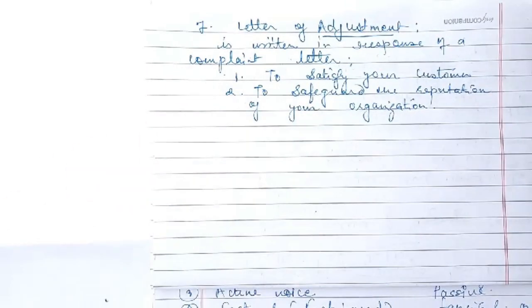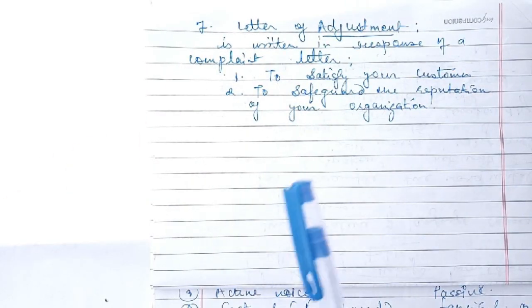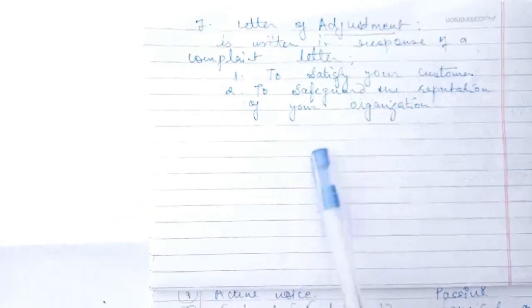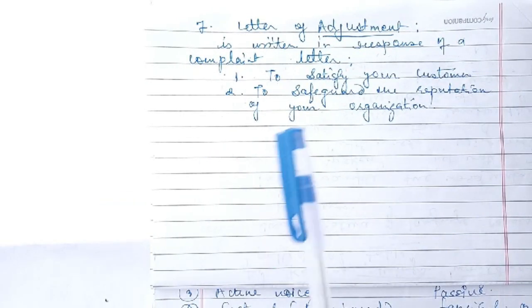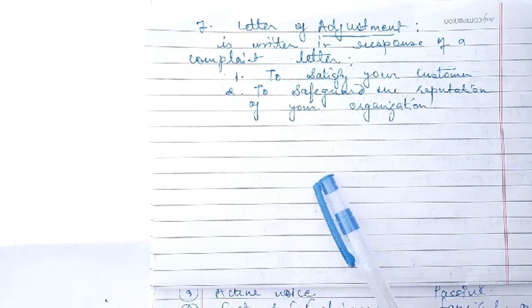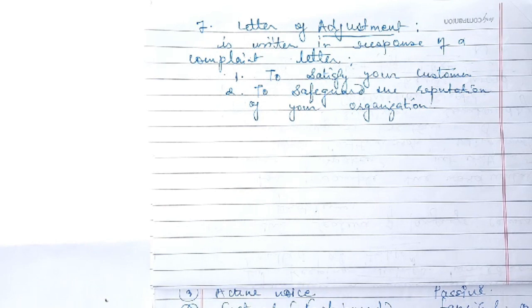So see here, when you will write down a letter of adjustment to the person who has complained for something, okay, so what is your duty here? You have to satisfy your customer anyhow, because you want that your customer shouldn't stop their purchasings. So how you will satisfy that person?